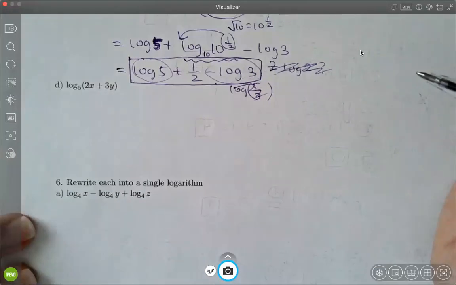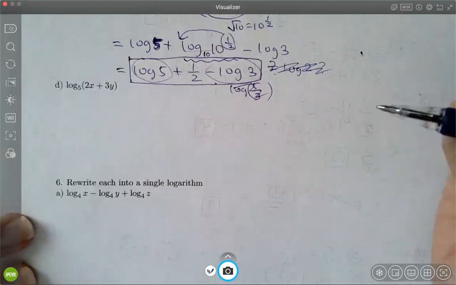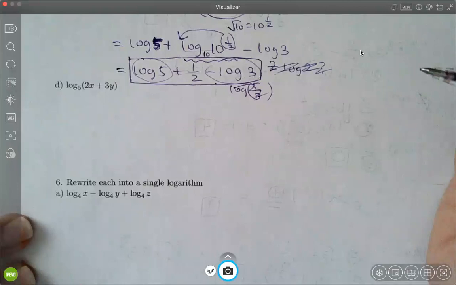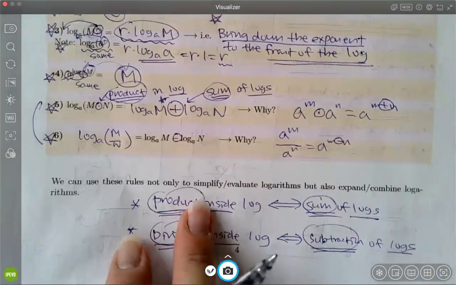I don't think so. Now, is it true that summation implies the product, or is it backwards? Product implies summation. It's backwards, right? Do you see that?